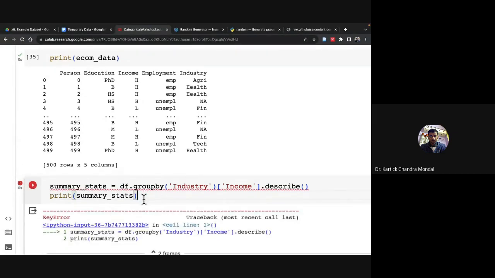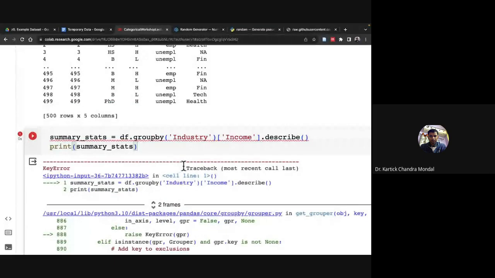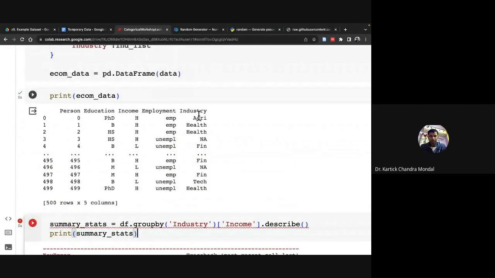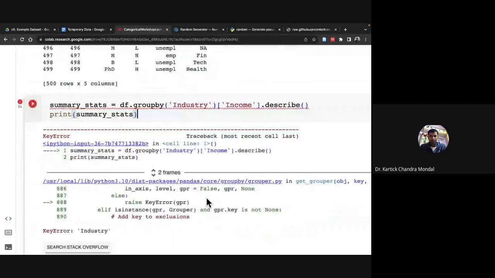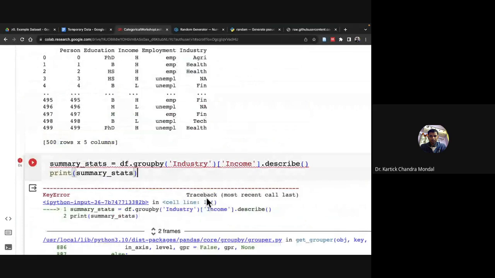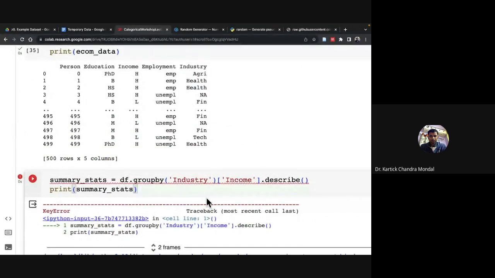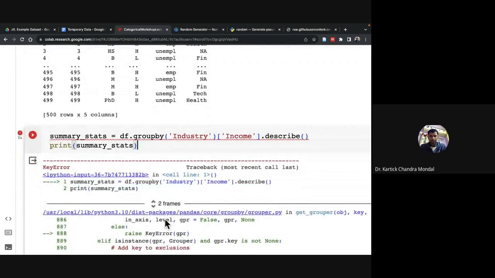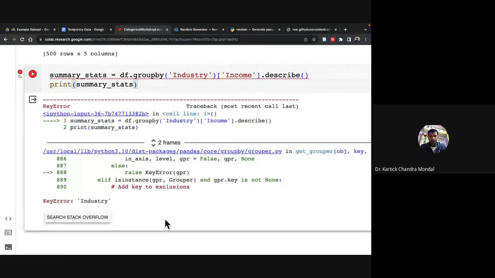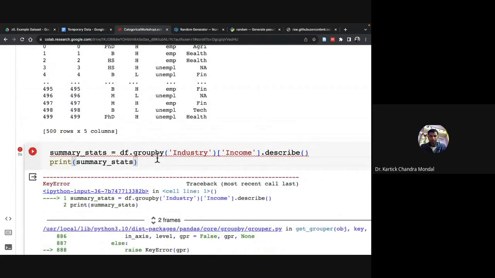What happened? Industry. What is the name? Industry. What happened? Key error. That is df dot group by.